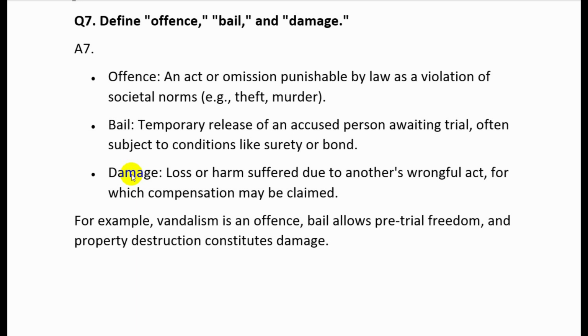Damage is a loss or a harm suffered due to another's wrongful act for which compensation may be claimed. For example, vandalism is an offense. Bail allows pre-trial freedom and property destruction constitutes damage.